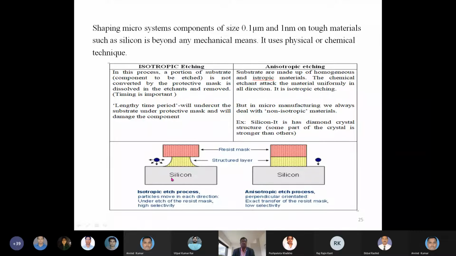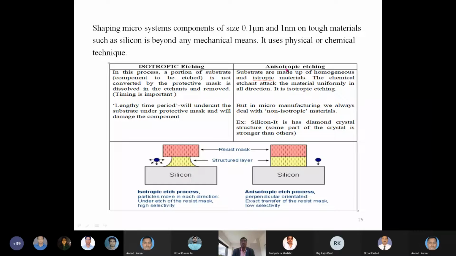Whenever it is placed in the etchant solution, in the isotropic etching process, it erodes the material both in the vertical direction as well as the horizontal direction. If it takes a longer period of time, there will also be undercut in the substrate, and the shape of the component will lose its requirement.